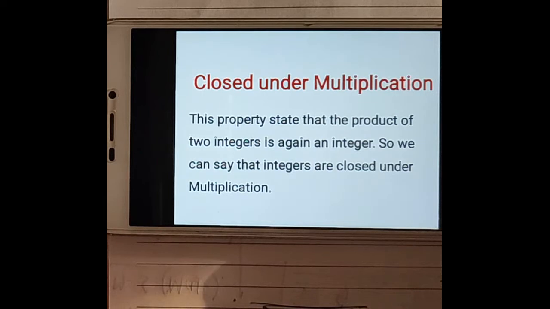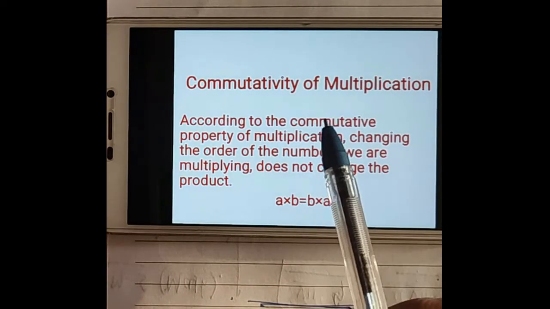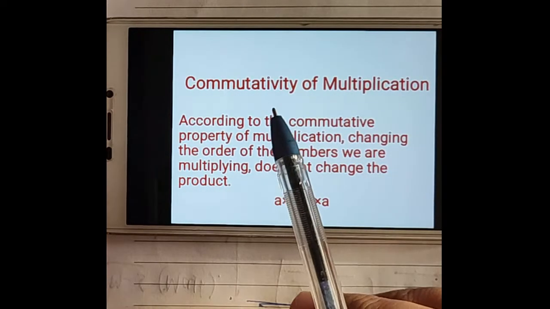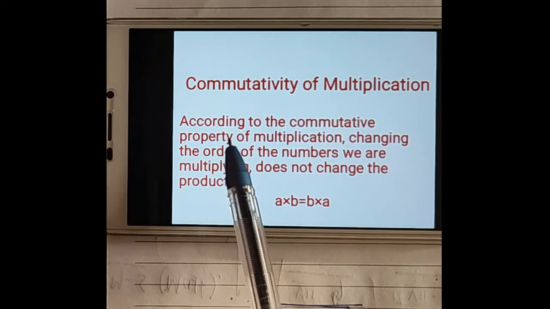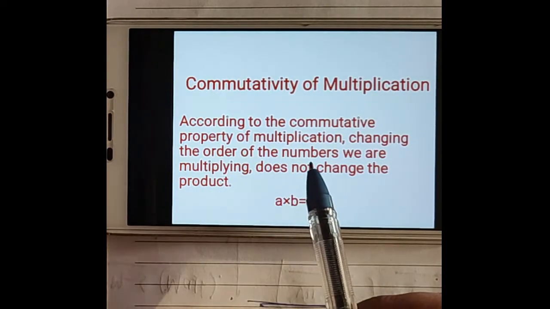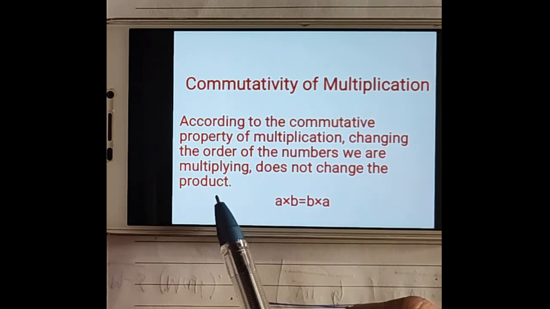Next we have commutativity of multiplication. In the previous class we discussed commutativity of addition, right? Commutativity means changing or interchanging the order. According to the commutative property of multiplication, changing the order of the numbers which we are multiplying does not change the product.